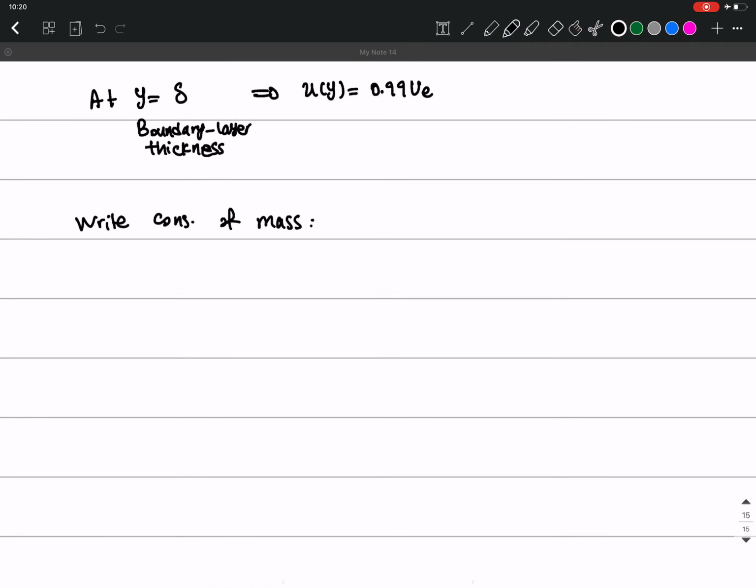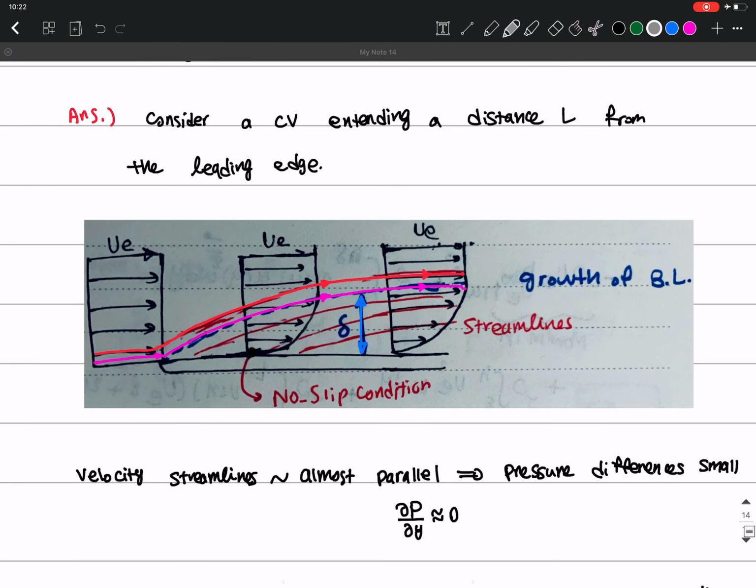Another thing we need to think of is that we also have some velocities that are going up. This velocity vector, this streamline, has one component in the x direction and one component in the y direction.